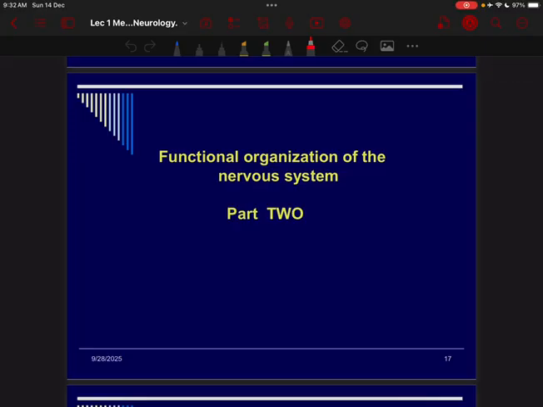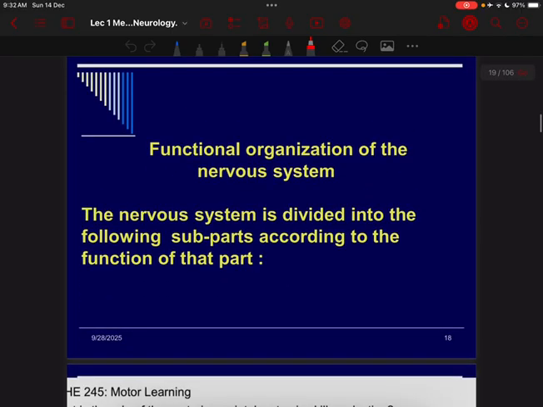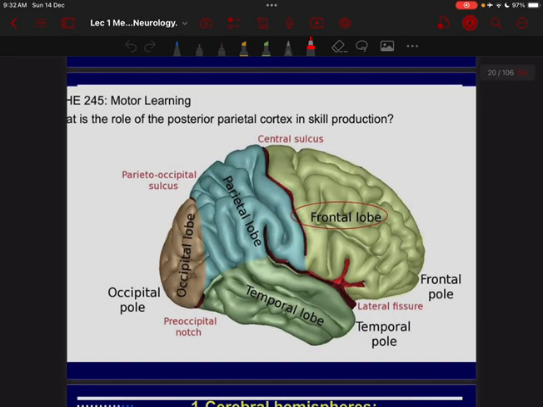These varieties of functions are carried out through subsystems within the nervous system. These are the lobes of the brain or cerebral cortex, the 4 lobes, and each one has its function.